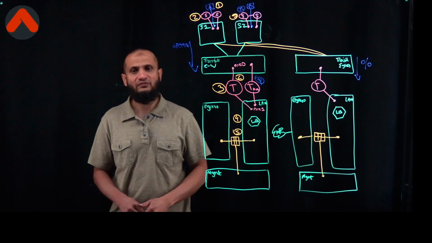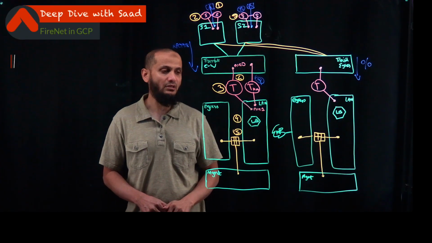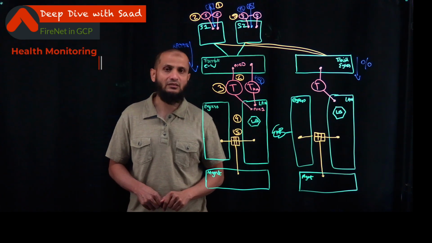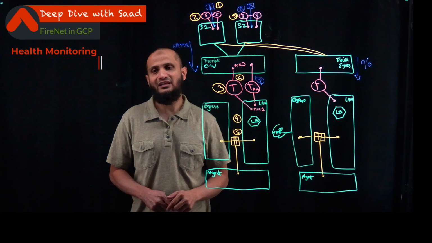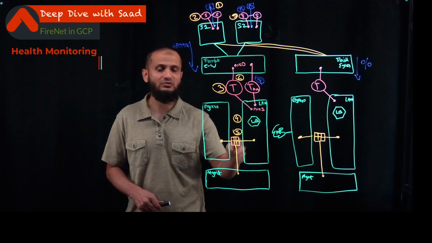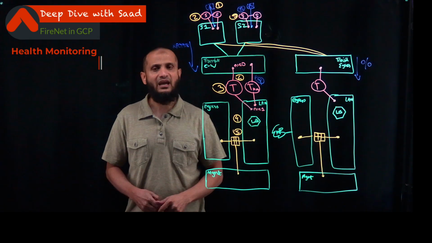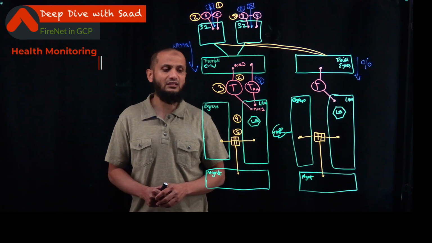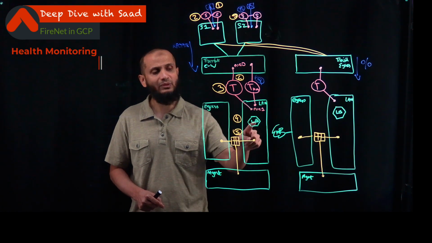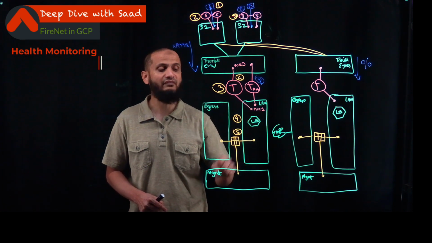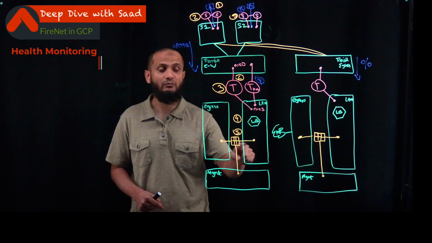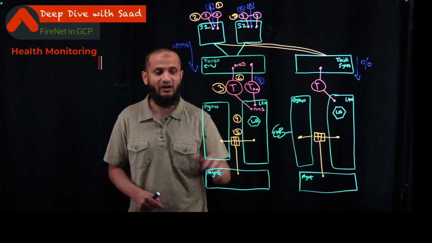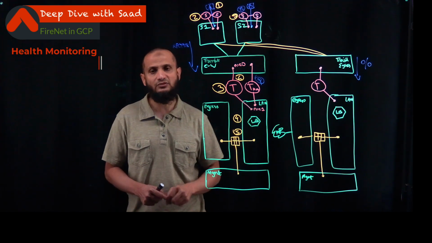Alright, so let's talk about the firewall health monitoring in GCP. The GCP ILB or load balancer is providing the load balancing mechanism using HTTPS from the load balancers to the firewall. GCP has a fail open mechanism on the ILB, which basically means if the GCP load balancer fails to receive the probe response back from all the firewalls, then it's going to consider that the health of the firewalls is fine and it will continue to send the traffic.